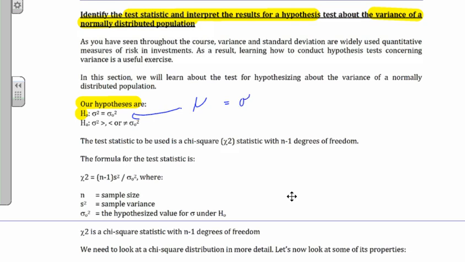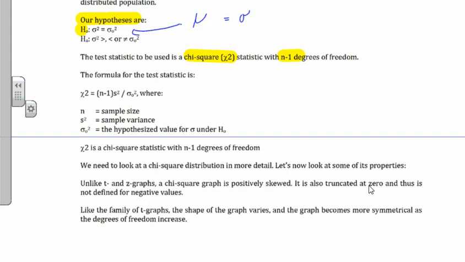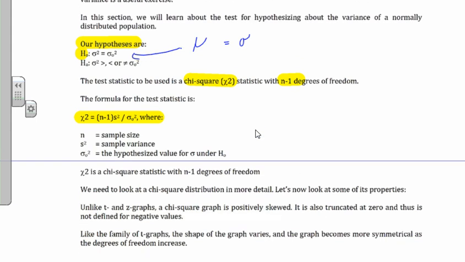The minute you deal with variances, what changes? We move away from Z tables to chi-square tables with an n-1 level of degrees of freedom. My test statistic moves to that. Guys, I'm just going to show you the differences. I wouldn't focus too deeply on these. Just get an understanding of what is going on over here. Remember, what's changed? Two things have changed: my test statistic, as well as my critical value.